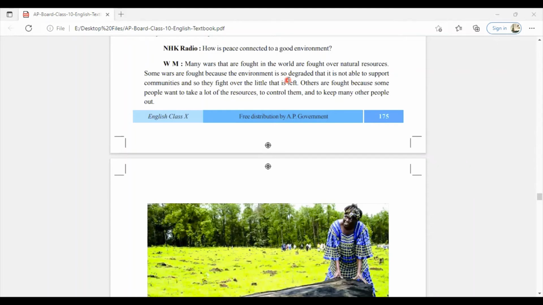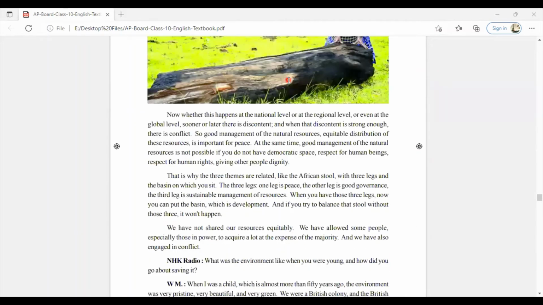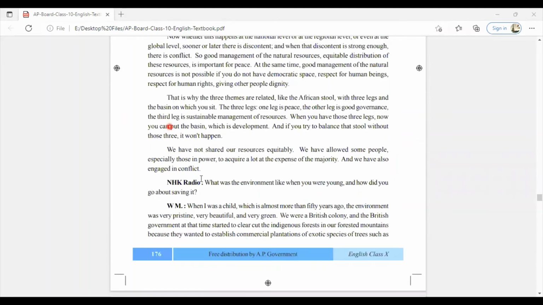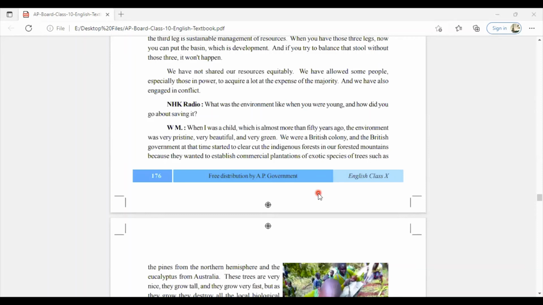Then she insists that conflicts over natural resources exist even at the global level, not only at the regional level. Why am I telling you about this now? The next question is, what was the environment like when she was young, and how did she go about saving it?